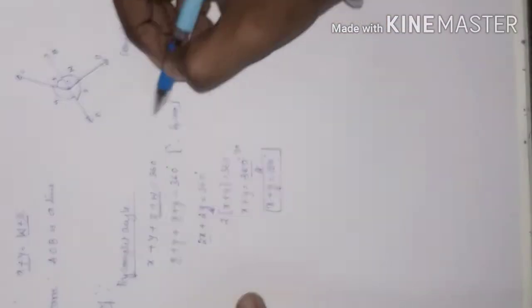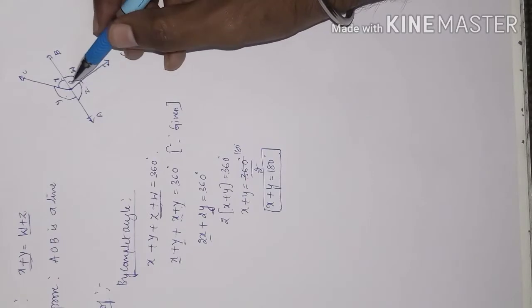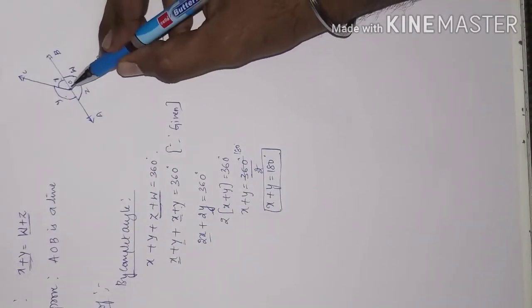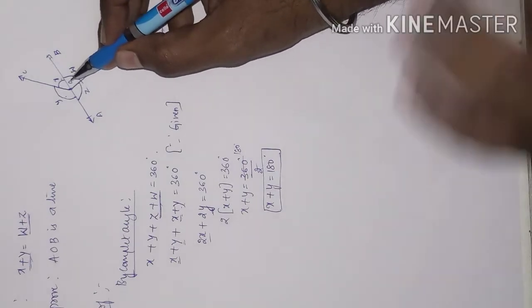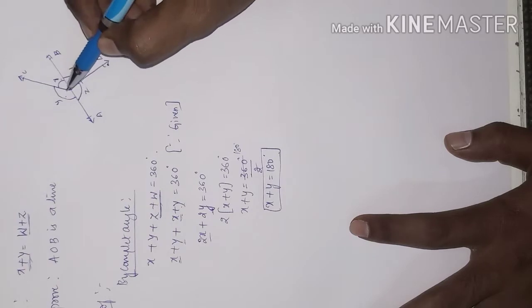Boys and girls, we got x plus y is equal to 180 degrees. Recall the statement we learned in the last class regarding the axiom. We learnt it, yes? Let me revise it.